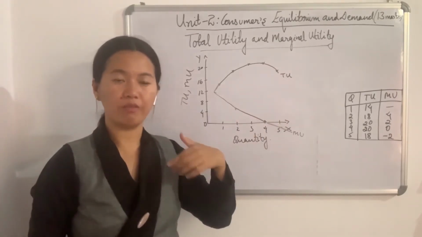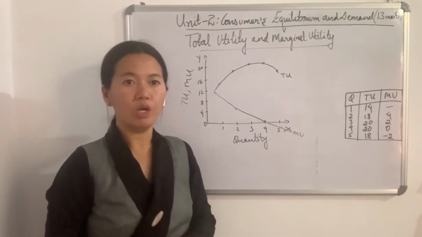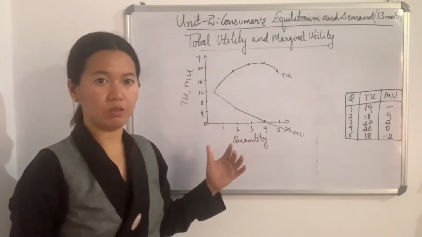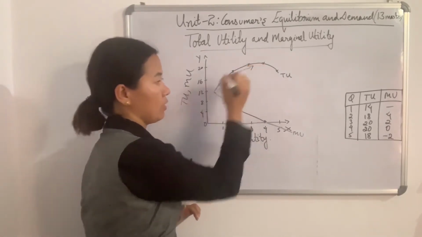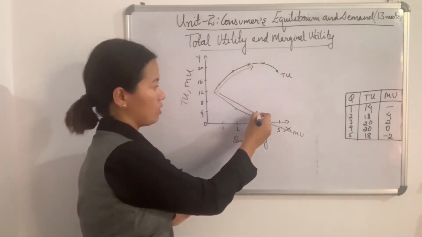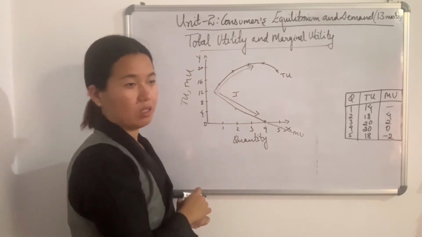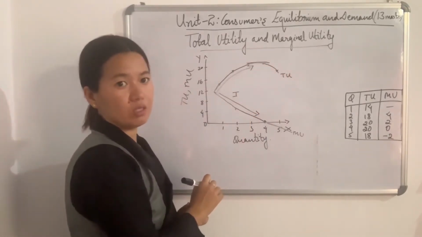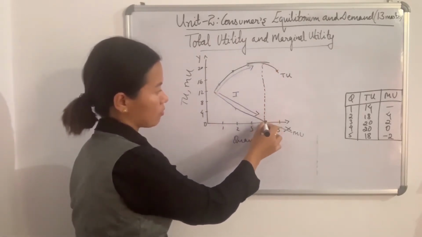As I have mentioned earlier, there are three relations between TU and MU. I would like to show it in this diagram. The first stage is when total utility is increasing. The marginal utility declines, but it remains positive. The second stage is when total utility is maximum or constant, and then the marginal utility is zero.